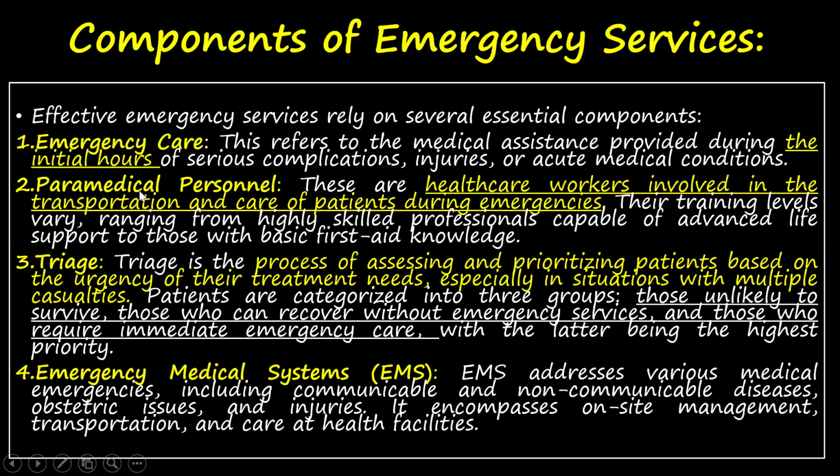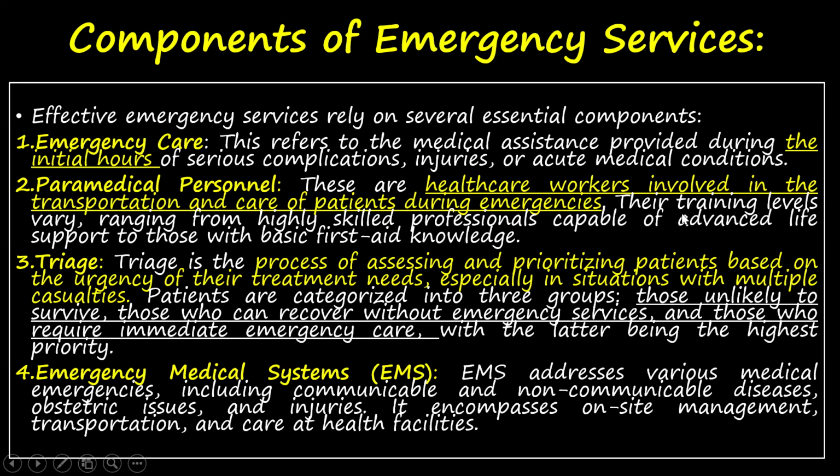Number two, paramedical personnel. These are healthcare workers involved in the transportation and care of patients during emergency. You normally have the ambulances that normally give these services. So the people who normally work there, they are known as paramedical personnel. So they're involved in the transportation and the care of patients during the emergency.